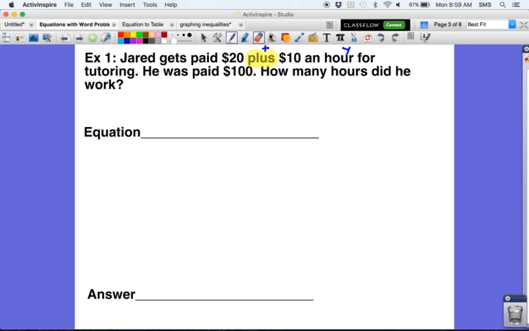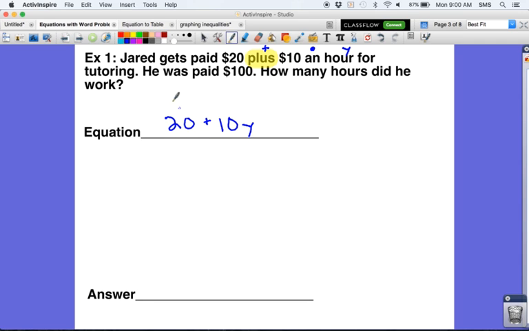And then finally, I need to figure out, is there an operation between this $10 for every hour? So $10 per hour, $10 an hour. This right here is multiplication. I'm going to put a dot right here for multiplication instead of a multiplication symbol, just so I don't get confused. Jared gets paid $20 plus $10 per hour, $10 times y.